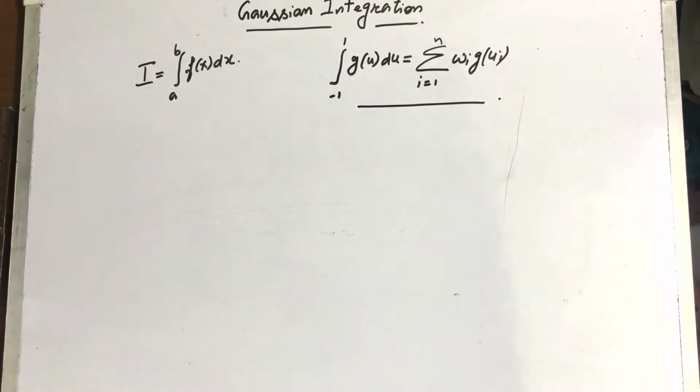So this is the formula for Gaussian integration.